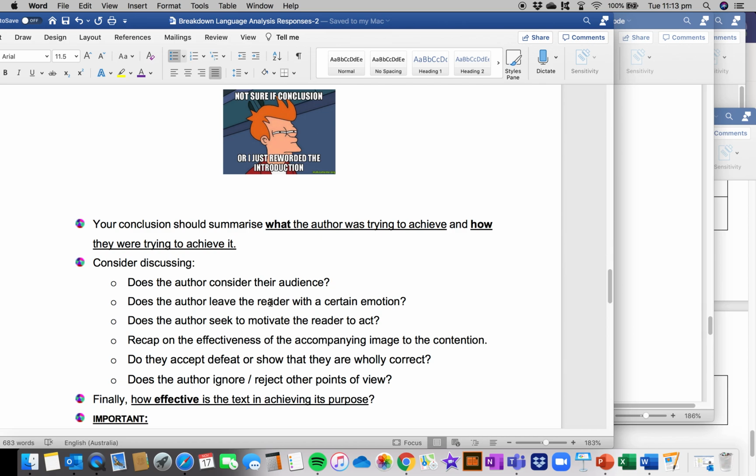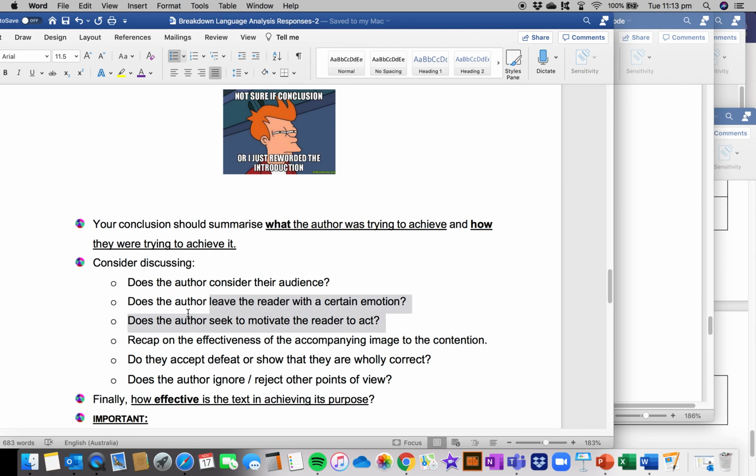Does the author leave the reader with a certain emotion? So that goes back a bit to the purpose and the effect on the reader. Are they left to feel something? Is it sort of an emotive connection because of personal stories, or because of perhaps an event that's happening that's requiring our empathy and a call to action?